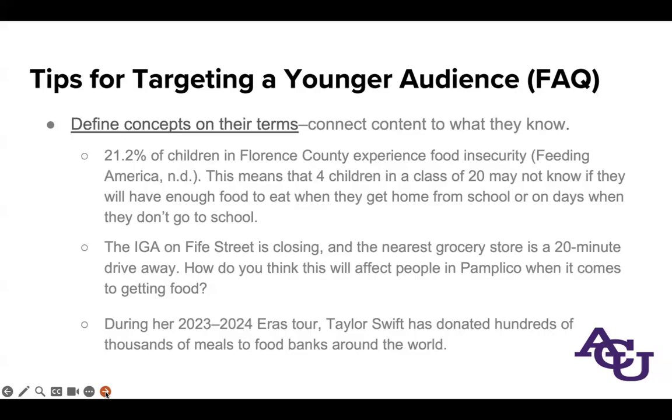They would have known that this IGA is closing. So referring to their geography and the people around them will help make this concept of a potential food desert more understandable. Where are these people going to go get food now if they don't have a car to drive 20 minutes away? The only thing left there is like a little convenience store where everything's overpriced. And can they even manage to get to the convenience store?